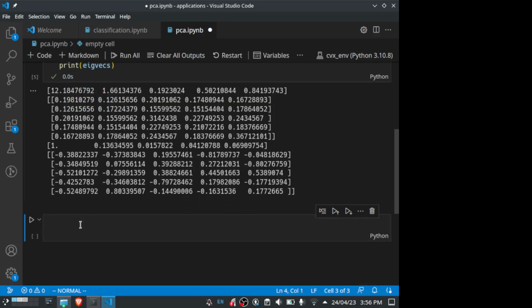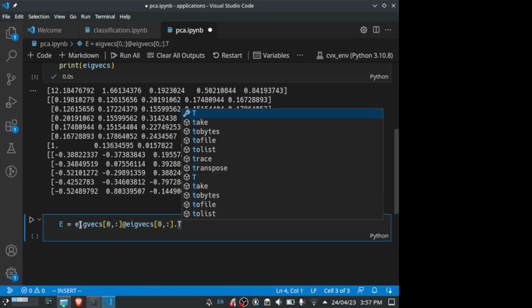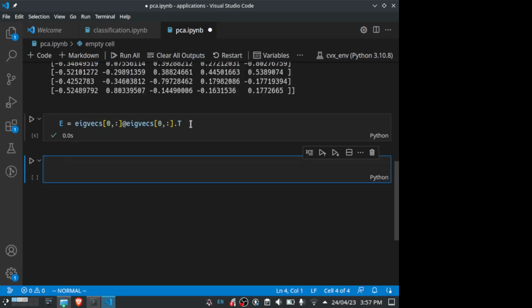So if I look at E, which is the first eigenvector, the largest eigenvector, is the eigenvector times eigenvector transpose.